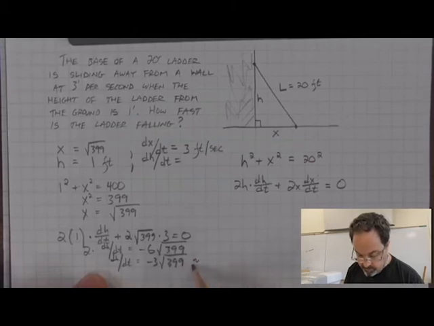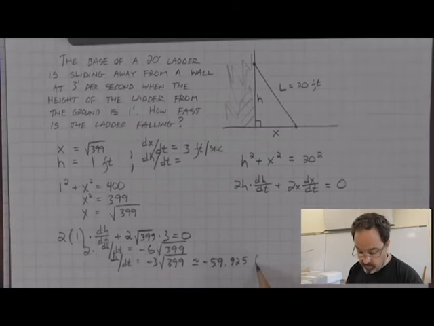This has an approximate value of negative 59.925, and because this is a contextual problem, it's very important to include the units. This is a rate of feet per second.